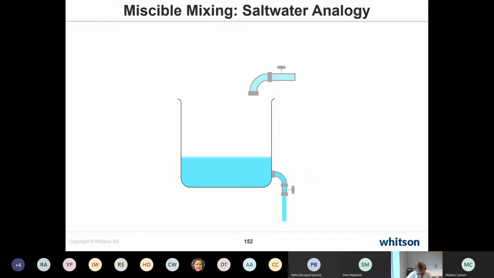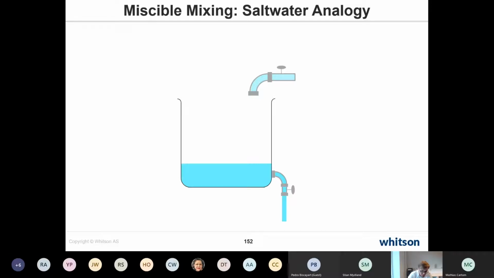We empty half of the cup. We now have half of the salt concentration left in the cup. And if we continue to do this, we'll end up with pure fresh water. And that's exactly the same as what will happen if we inject in a pore space above the first contact miscibility pressure: the composition in that pore space will converge to become the injection gas composition.